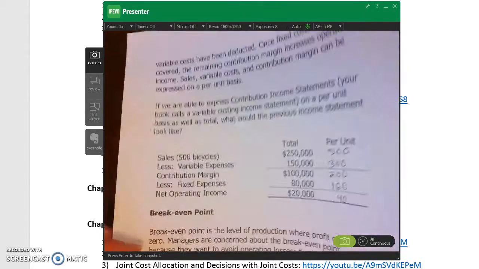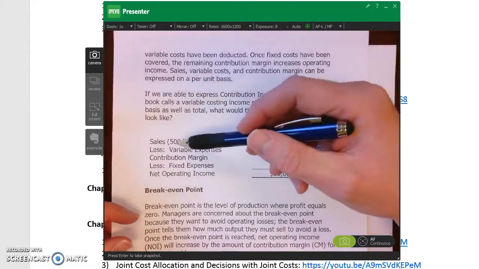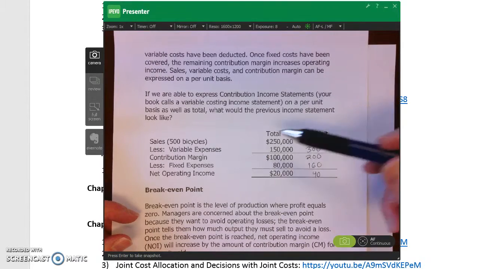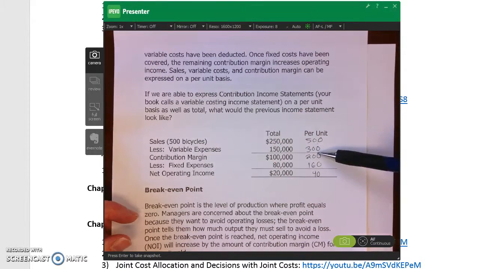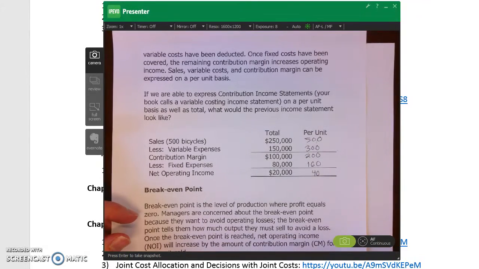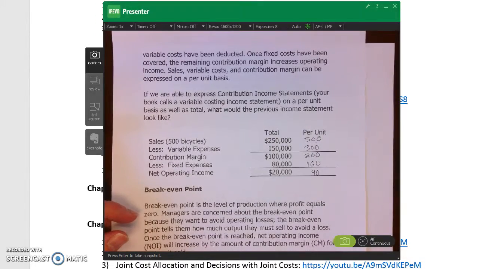We could do it the long way, which was we could say 430 bikes times 500, which would give us total sales, minus 430 bikes times 300, which would give us our total variable expenses. Subtract the two, that would give us our contribution margin, and then subtract $80,000 because $80,000 are our fixed expenses and they should not change, which would then give us our net operating income.